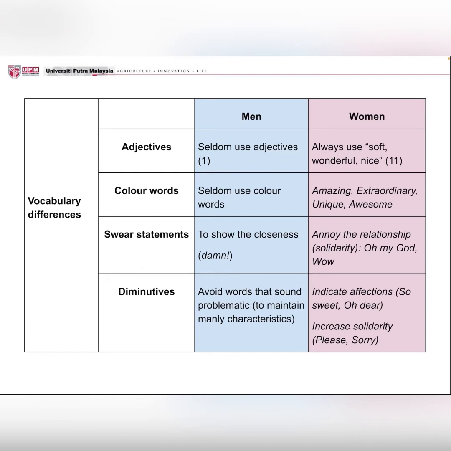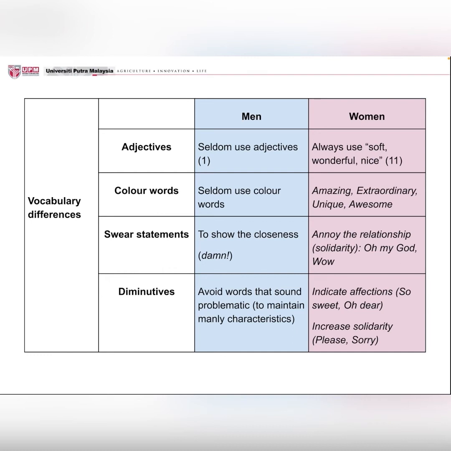But for women, swear statements can be annoying to the relationship because they neglect the solidarity of the certain issues that they are going to highlight in their conversation. So they tend to use oh my god, wow. Fourth is diminutives.